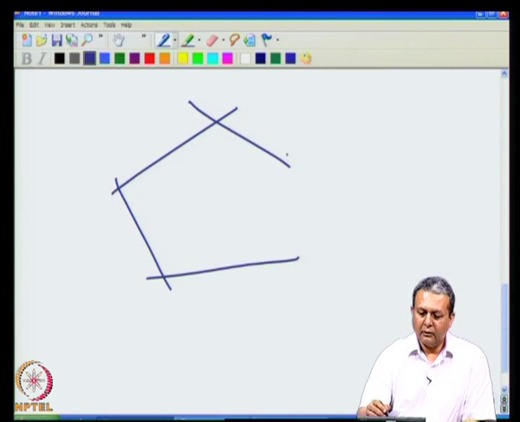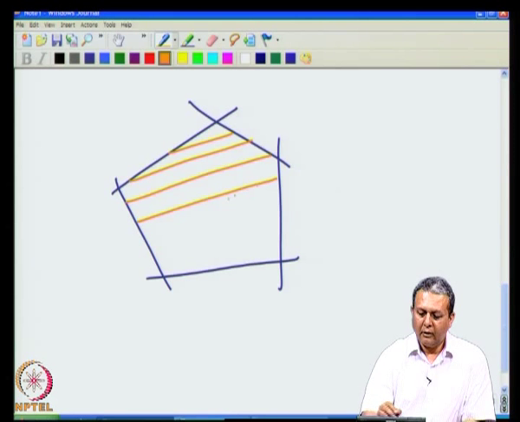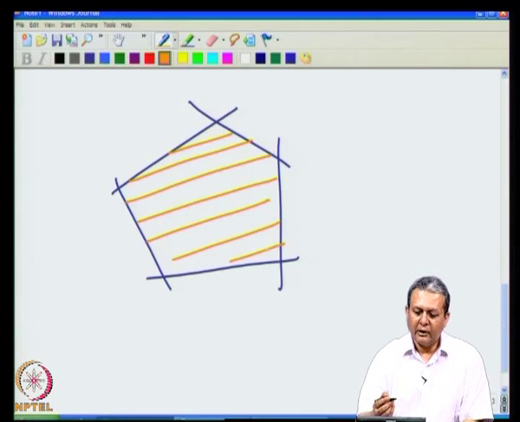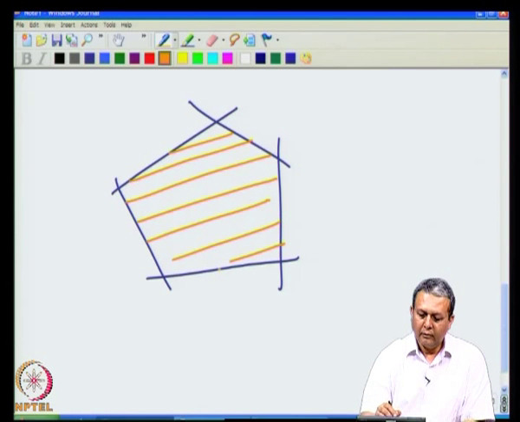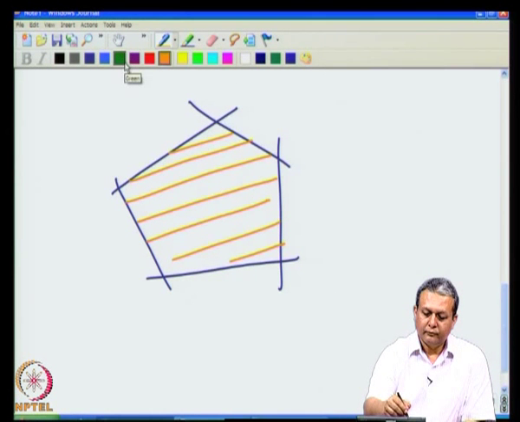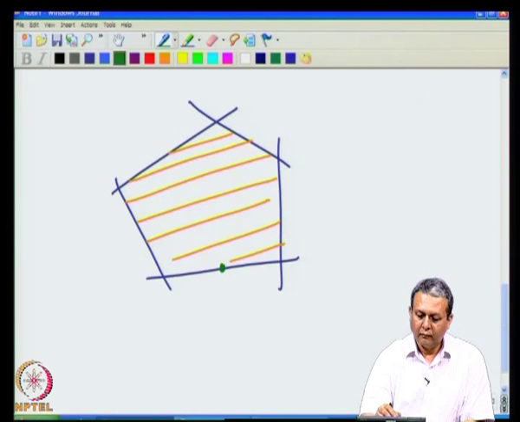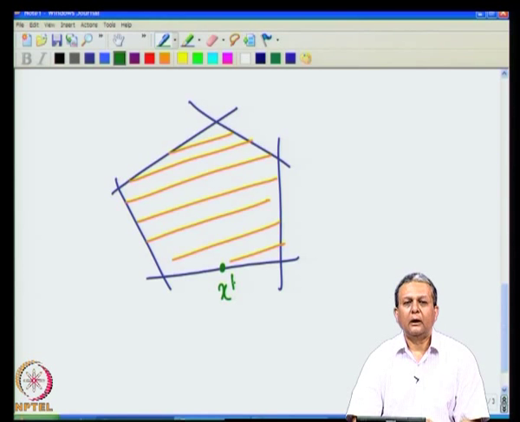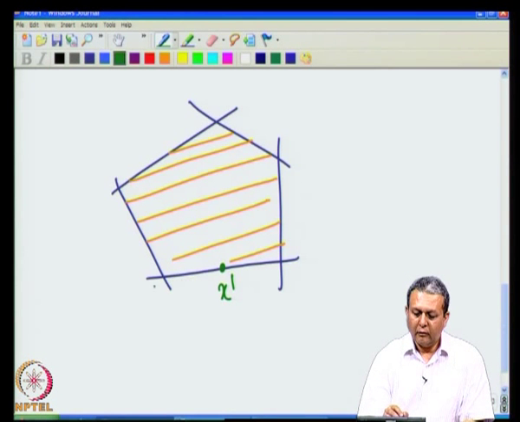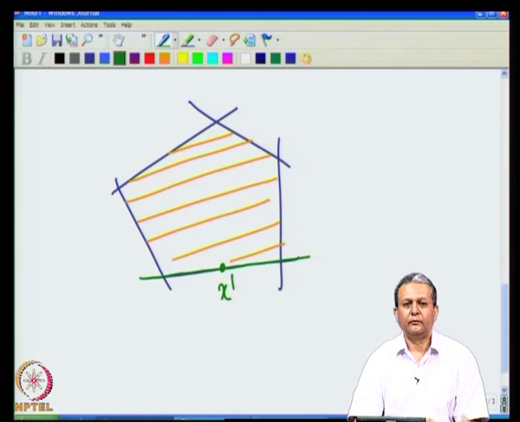So, suppose this set is a feasible set or the constraint set shown by the shaded region, and if we consider a point x1, you will see that only one constraint is active at this point.